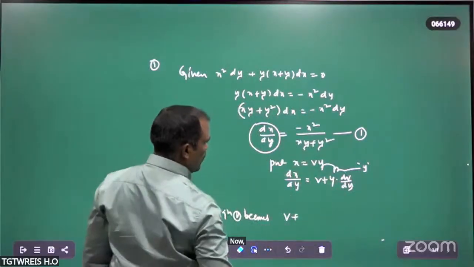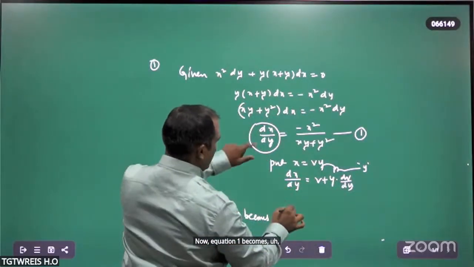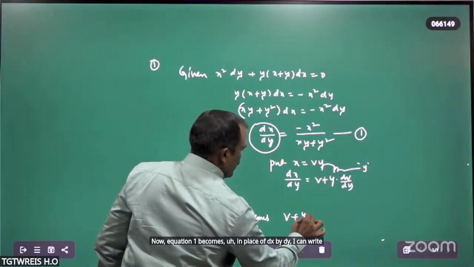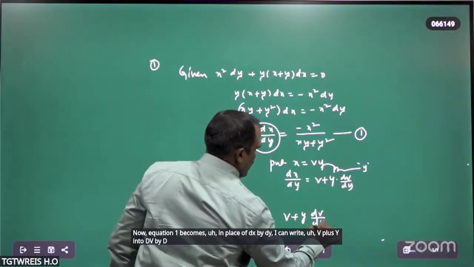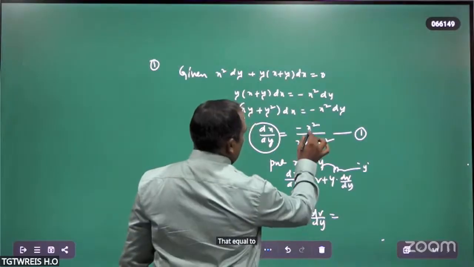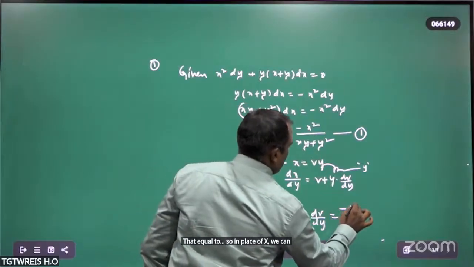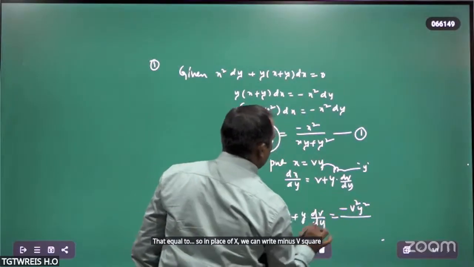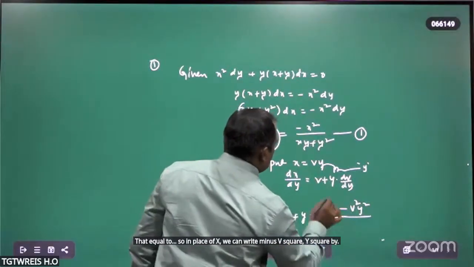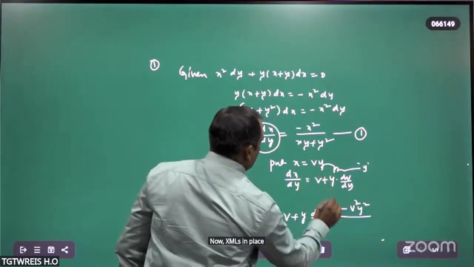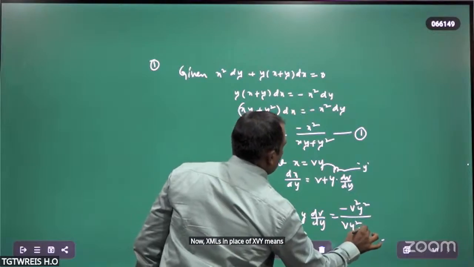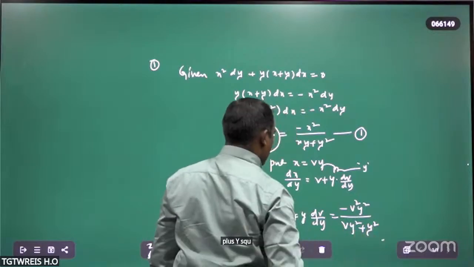Now equation 1 becomes, in place of dx by dy, I can write v plus y into dv by dy, that equals, in place of x we can write, minus v square y square by, in place of x, vy, v into y square plus y square.